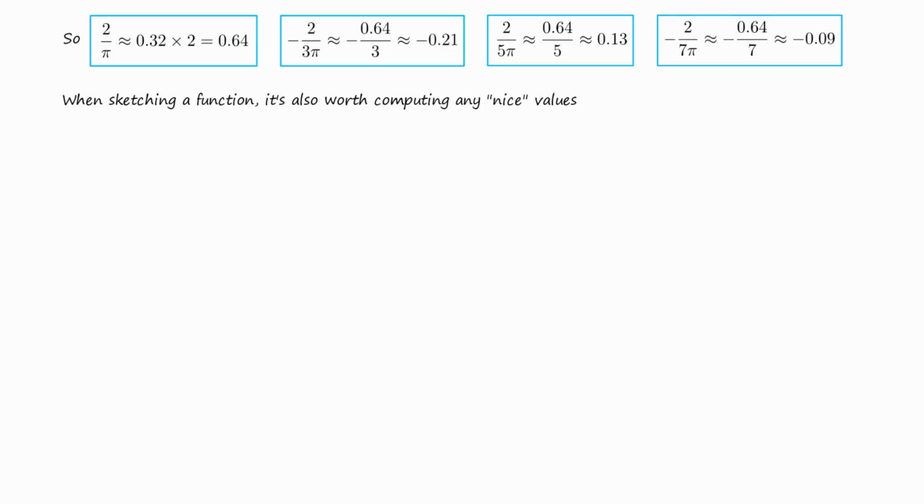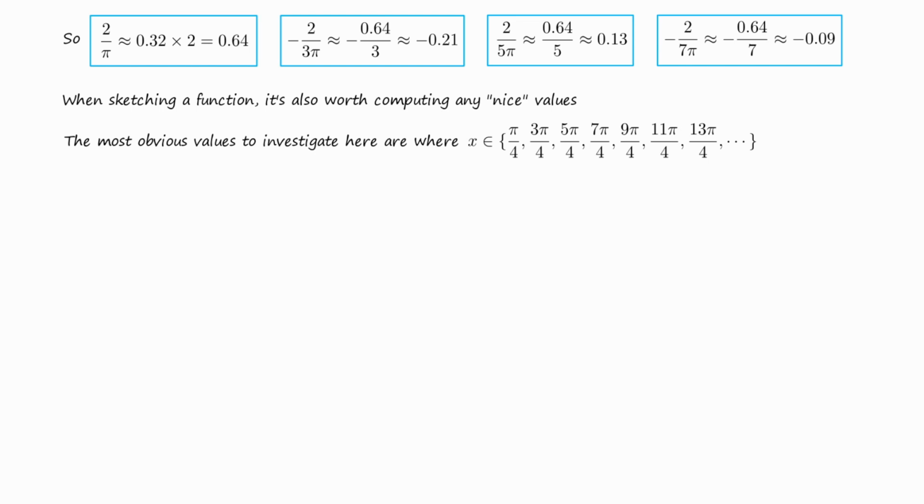Now, when sketching a function, it's always worth computing any nice, easy values, if you can find some. And because sinc x is defined in terms of the sine function, the obvious values to investigate are the multiples of pi by 4, as shown here.